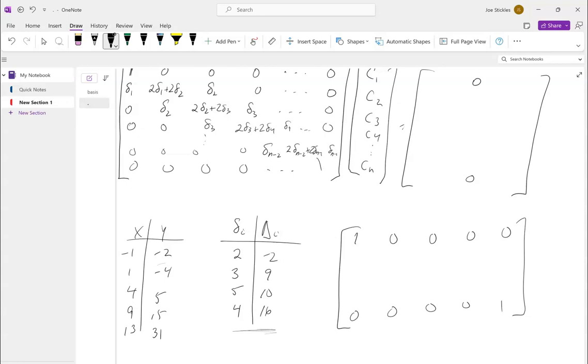So your delta 1 is 2. Your 2 times delta 1 plus 2 delta 2 is 4 plus 6, we get 10 here, right? And then 3 here.